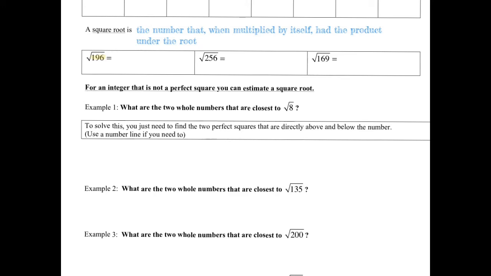When I go through, what I'll discover is that the square root of 196 is 14 because 14 times 14 equals 196. You probably knew that already because you'd filled out all those squares up above, but remember that the diagonal line on your multiplication table will also show these perfect squares for you so that you can look for that number times itself. Go ahead and figure out the other two, and then we'll move on to the bottom portion.